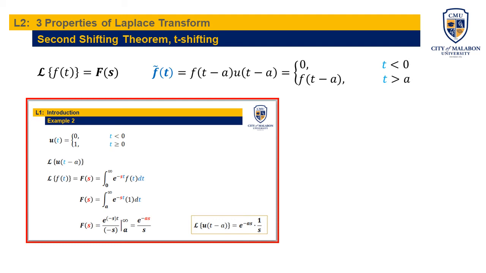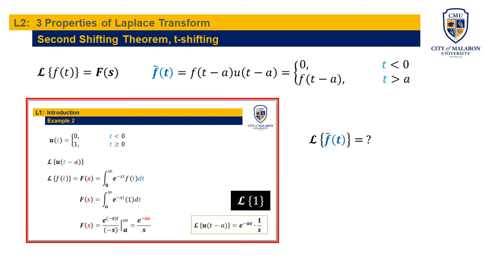So, in this case, kung i-compare natin yan dito sa shifted function, we can say na yung ating f of t minus a dito is 1, right? So, with this, magkakaroon tayo ng analogy kung paano kinukuha yung Laplace transform ng mga shifted function, right?